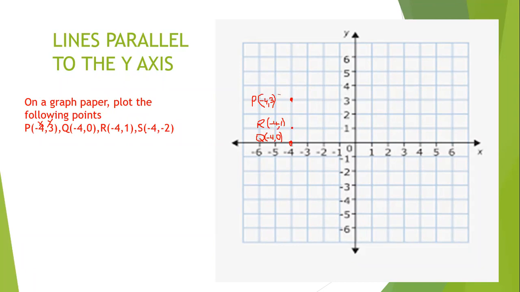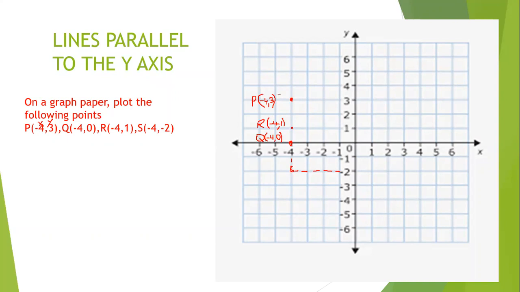Next and the last point is point S, and the coordinates are -4, -2. So on the x-axis we have -4 over here, and on the y-axis we have -2 over here downward. So if we draw the dotted lines from -4 and then from -2, both the lines will meet over here, right?